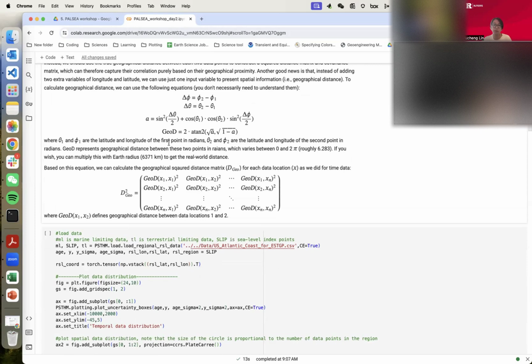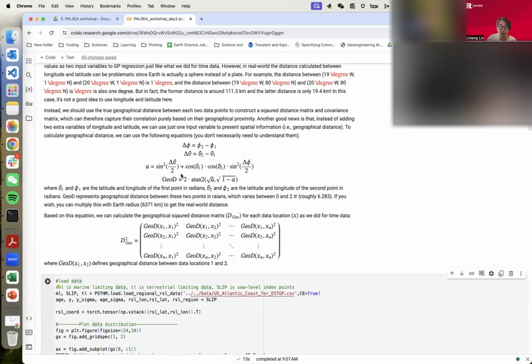This is based on the first law of geography, proposed by Tobler, which says everything is related to everything else, but nearby things are more correlated than distant things. So we are calculating the distance, and we are assuming the nearby data points are more correlated than the distant data points.